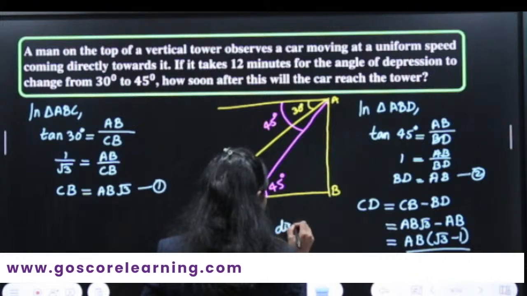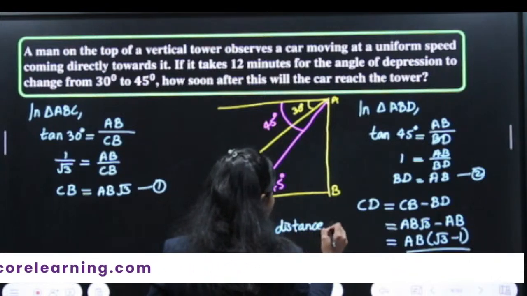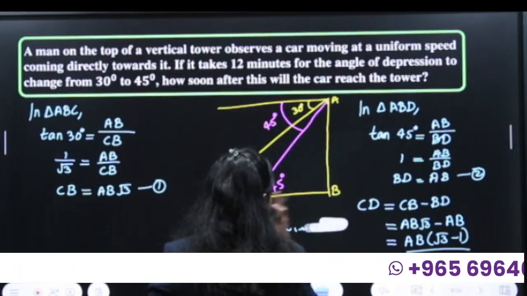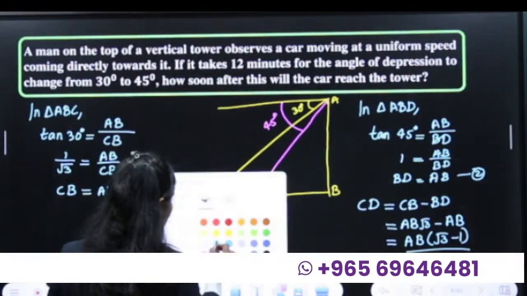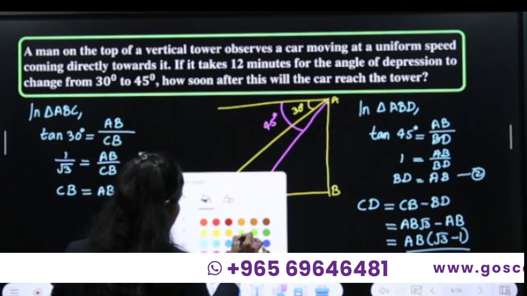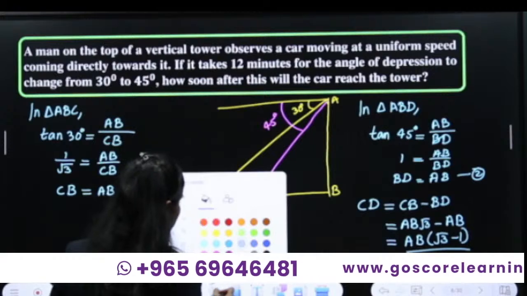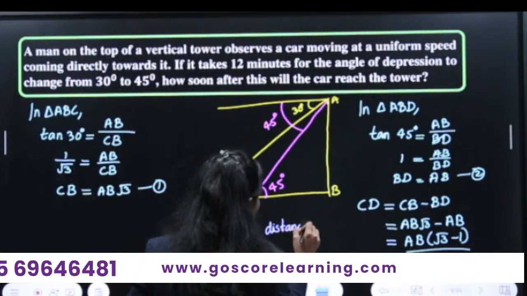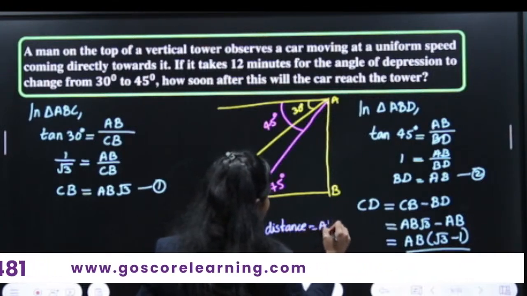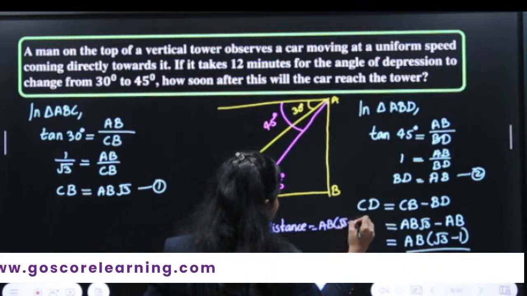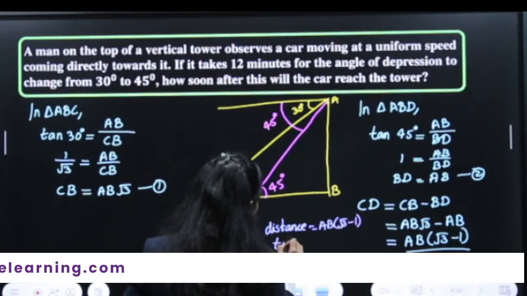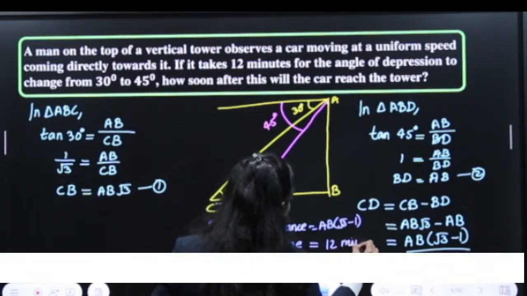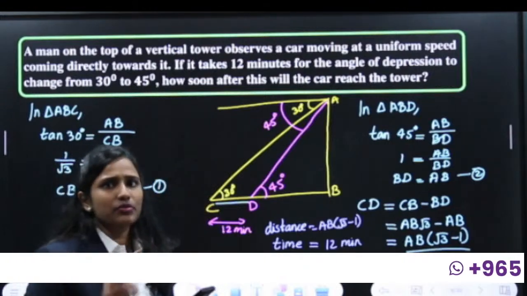Distance CD is AB into root 3 minus 1, and time is 12 minutes. Now add some physics here.